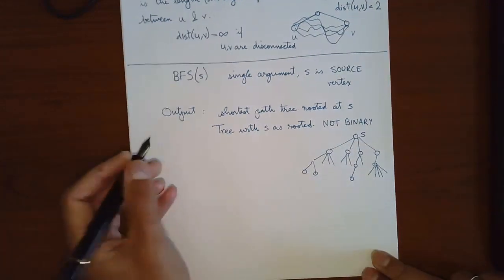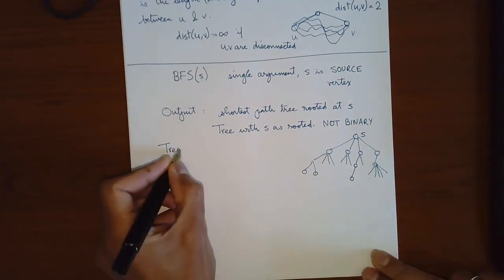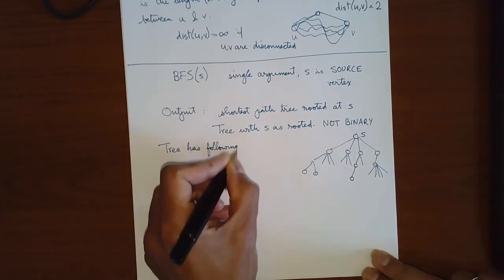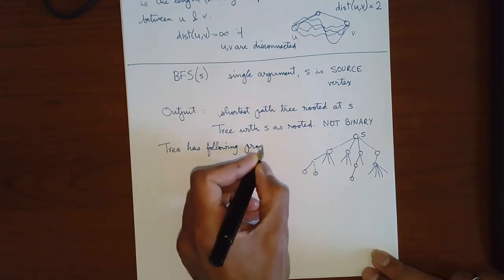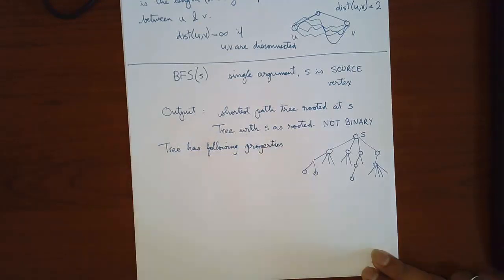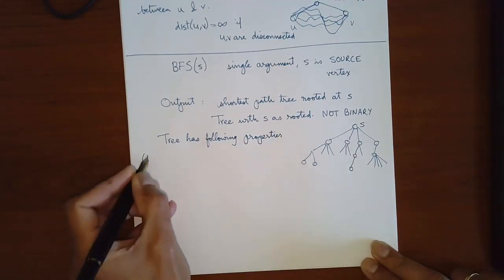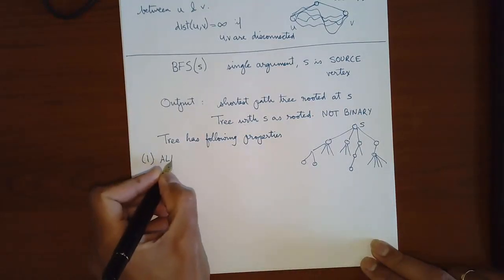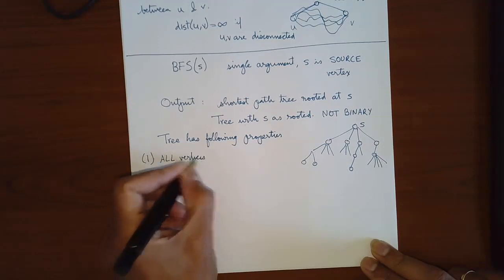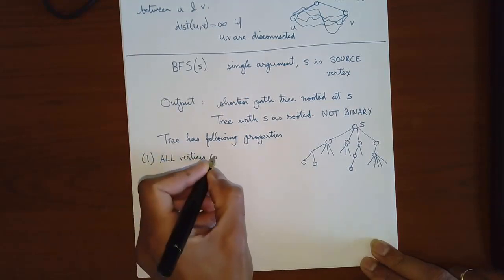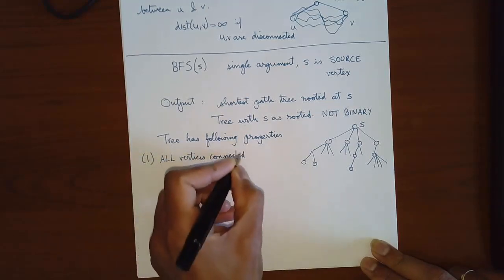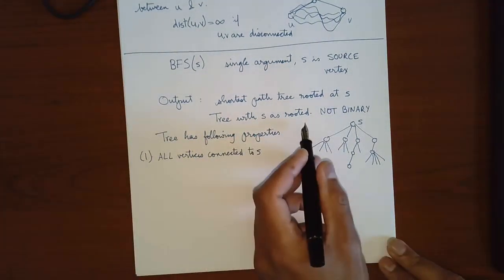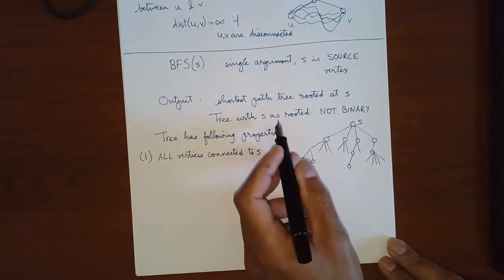Now the tree has the following properties. It has two key properties. One is all vertices connected to S appear in this tree exactly once. I should say, this is a tree with S as the root.